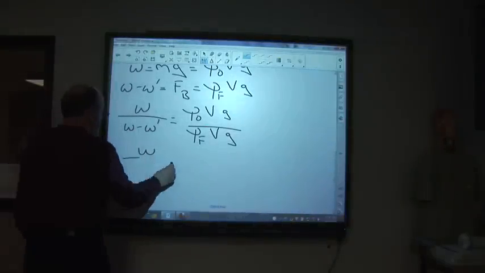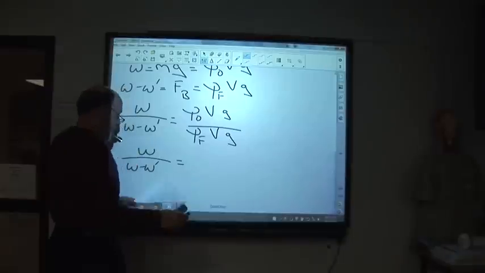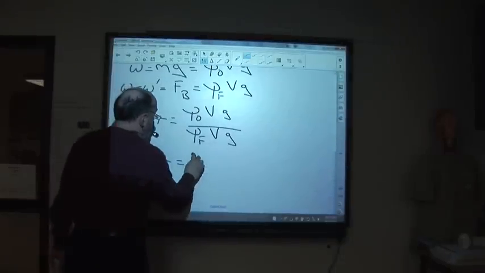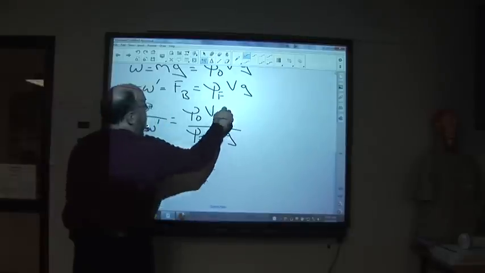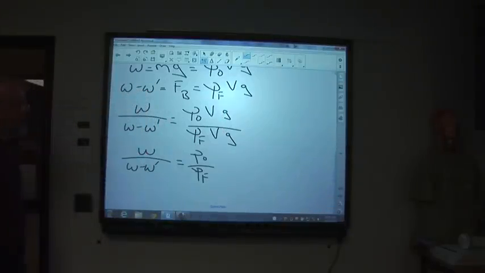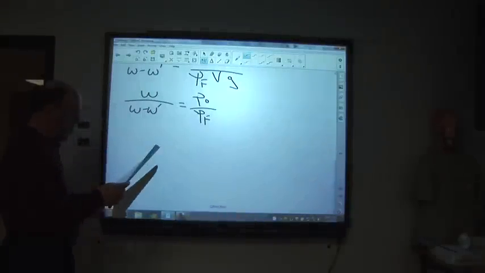And so we get that this ratio is going to be equal to the density of the object over the density of the fluid. And V and G are both the same number top and bottom, so they go away.